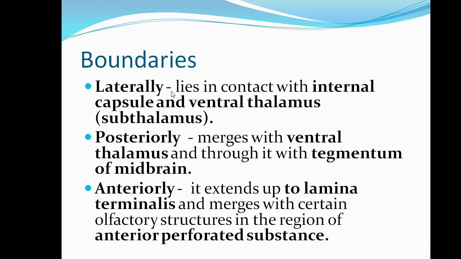Boundaries. It lies in contact with the internal capsule and ventral thalamus, that is the subthalamus. Posteriorly, it merges with the ventral thalamus and through it with the tegmentum of the midbrain. Anteriorly, it extends up to the lamina terminalis and merges with certain olfactory structures in the region of the anterior perforated substance.